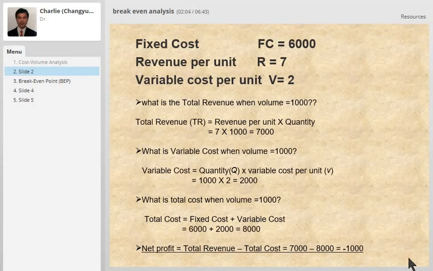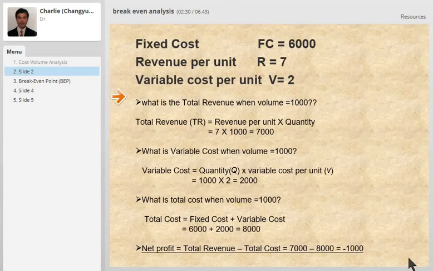Now here's the example. We have a factory. The upfront investment, which is the fixed cost, equals $6,000. For each unit, we can collect $7, which is the revenue. In order to produce each unit, we have to pay $2, which is the variable cost per unit.